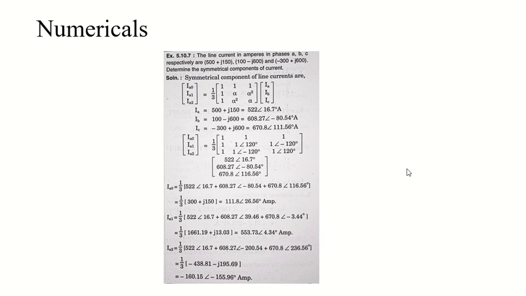And you already know the values of Ia, Ib, and Ic. You know the values of alpha and alpha square. So you can simply substitute those values in the formula, and take the matrix multiplication.